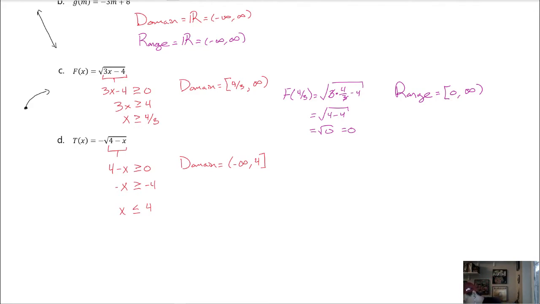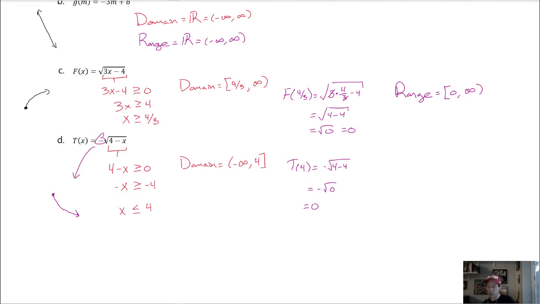Now if we plug in 4 into capital T, we get capital T of 4 equals negative square root of 4 minus 4. This is the negative square root of 0, and that just equals 0. So we know that this square root function, actually I don't want to put a coordinate plane on here, it should be going down and to the right. And that's because of the negative square root, so that makes it go downward instead of upward.